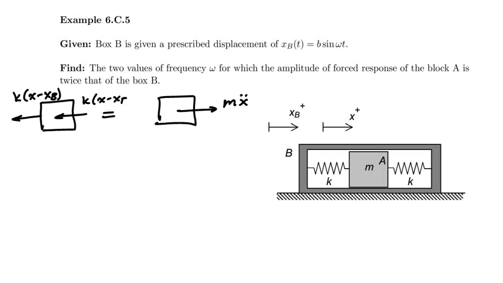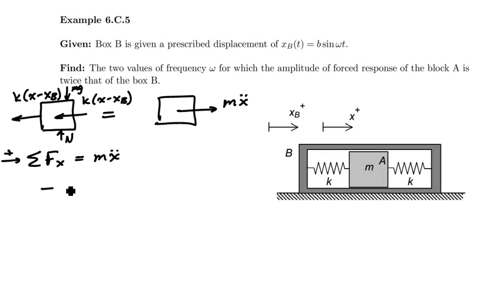If I then sum forces in the x direction on this system, noting that the weight and the normal force are perpendicular to that direction, and I assume rightward positive to be consistent with the diagram, that's equal to m x double dot.